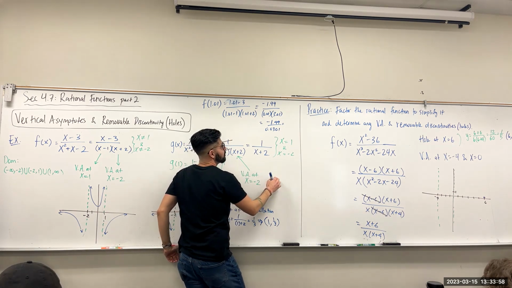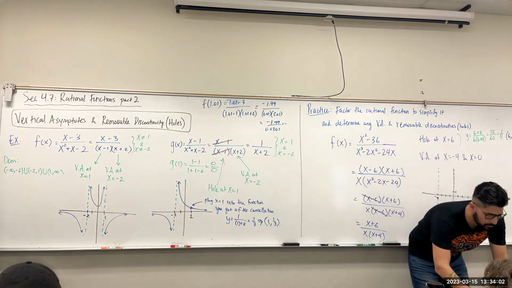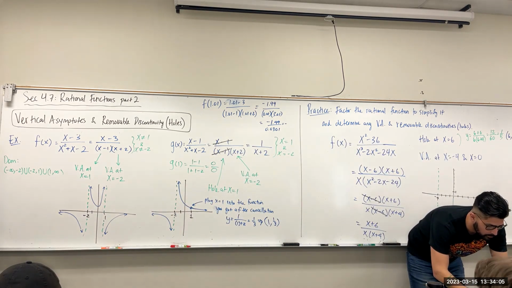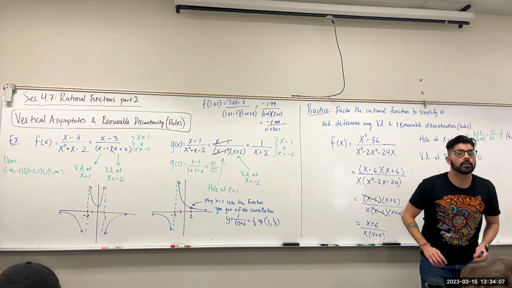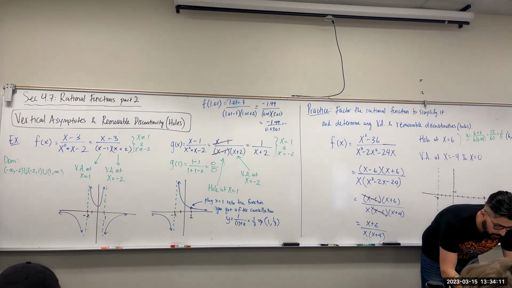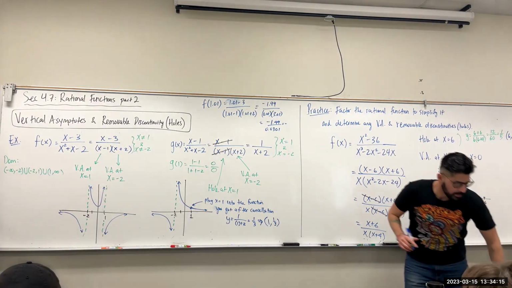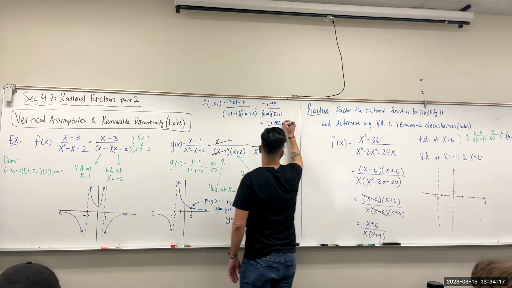Something large. Or here, I'll do it on Desmos. What is it? 1.99 over 0.0301? Yeah, it's negative 66 something.